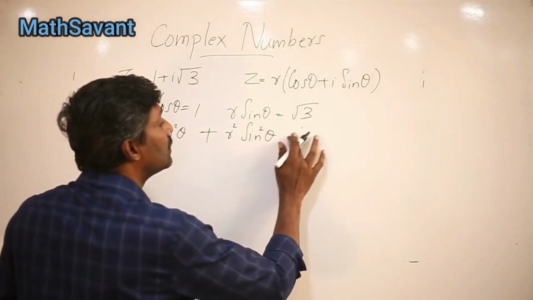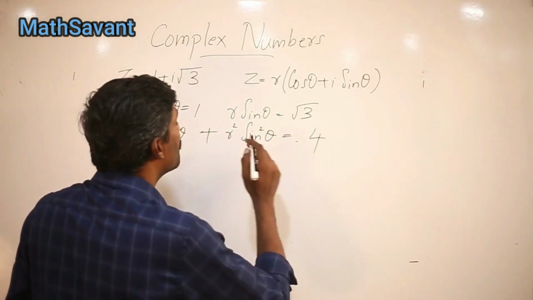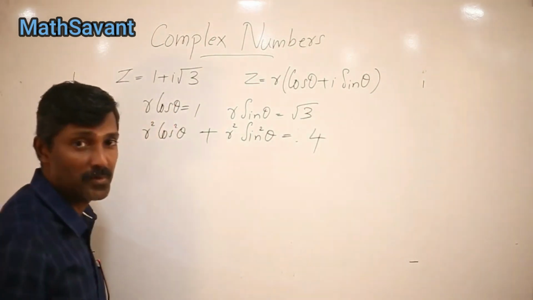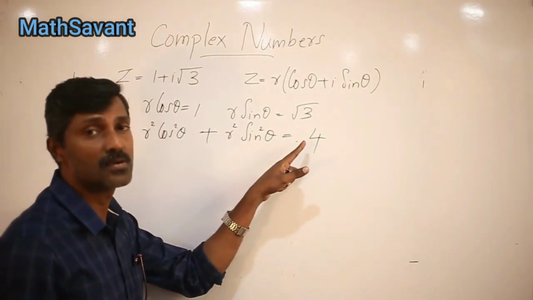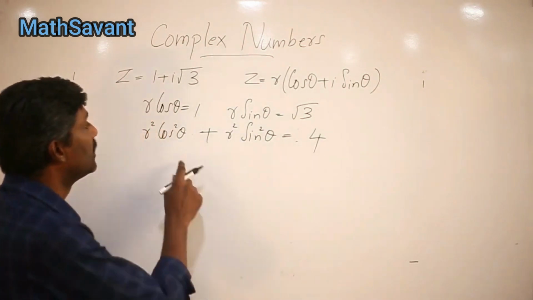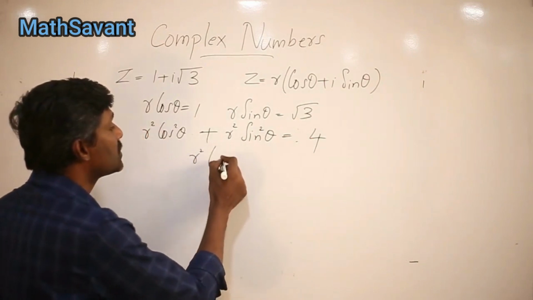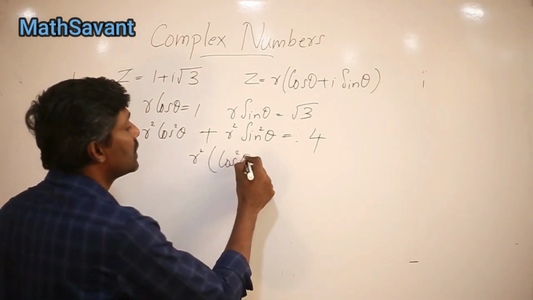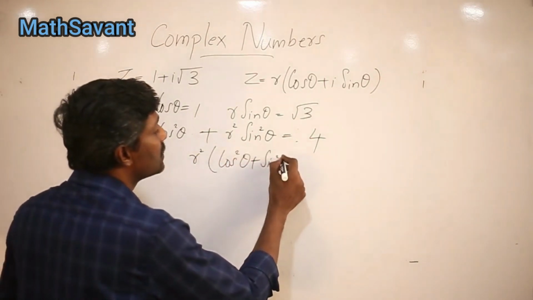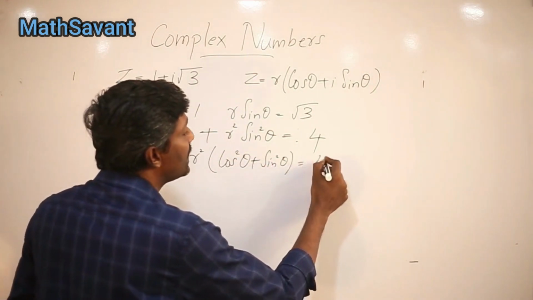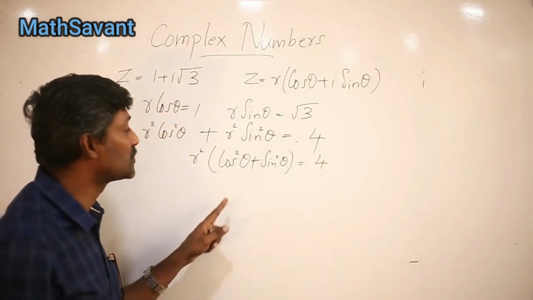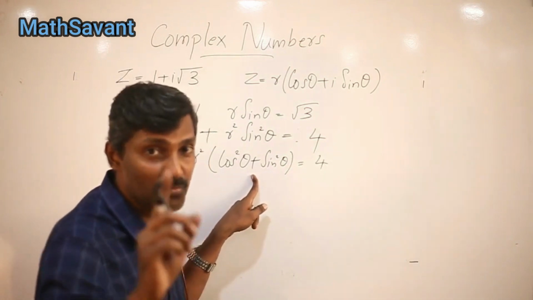So I get this is equal to 4. I got r square cos square theta plus r square sine square theta is equal to 1 plus 3, which is 4. R square is common here, right? So I'm taking it outside, so we get r square into cos square theta plus sine square theta is equal to 4.